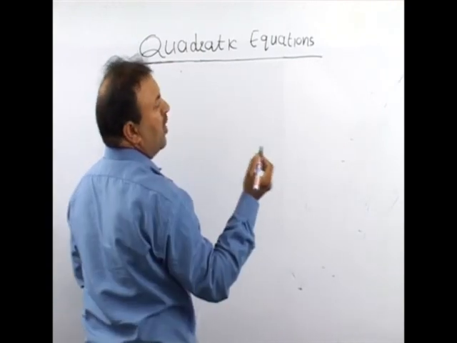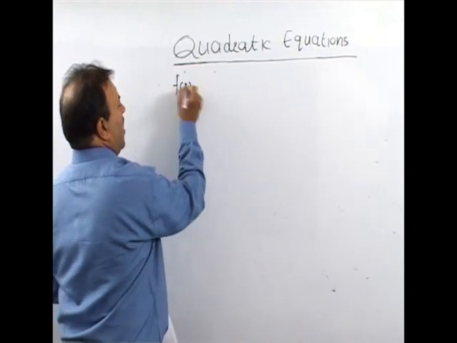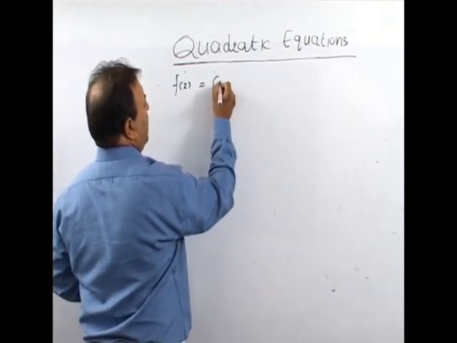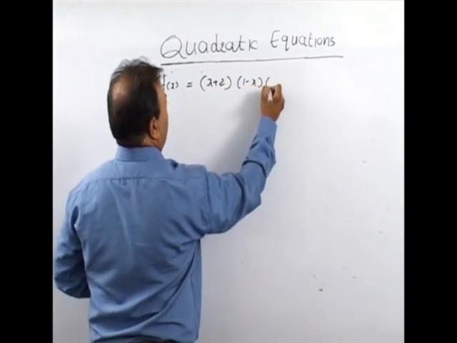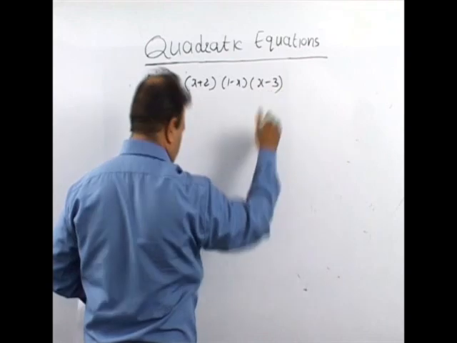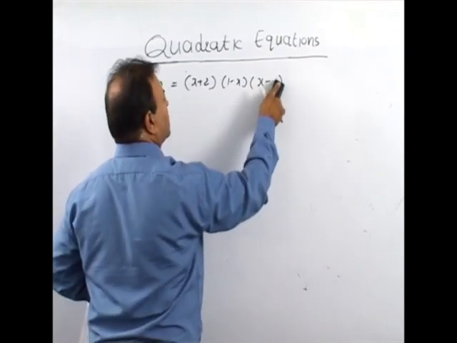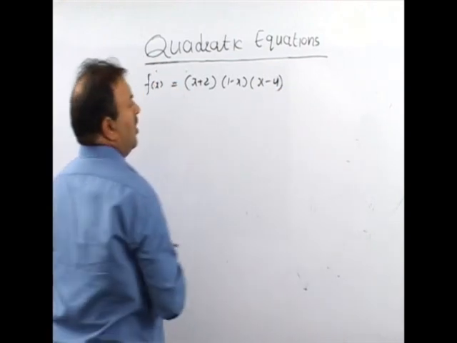I take one cubic example as f(x) = (x + 2)(1 - x)(x - 3). Yeah, I will just change it over here. I take (x - 4), say.